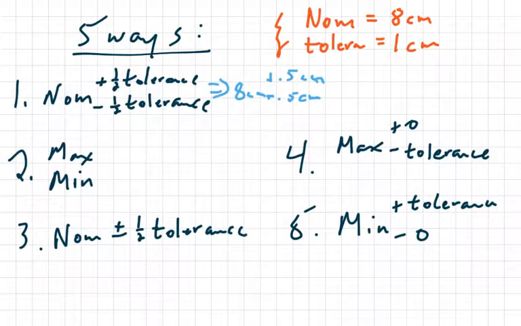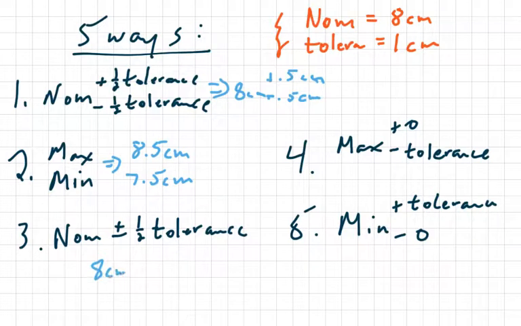The next thing you could look at is it could look like this. 8.5 centimeters and 7.5 centimeters. Just your max over your min, just like that. That's another way of seeing this stuff written out. The nominal value, so 8 centimeters plus or minus 0.5 centimeters. So another way of writing it out, all meaning the same thing.